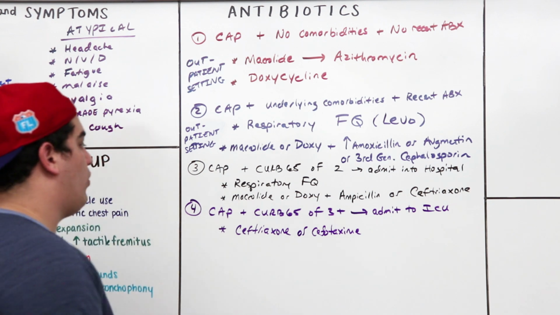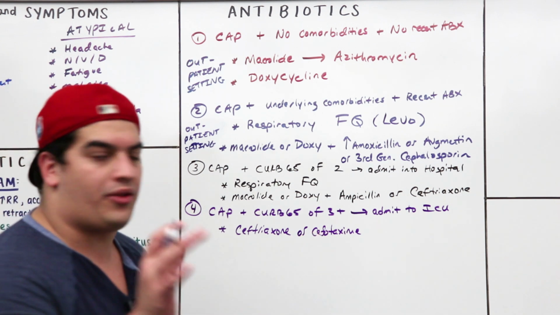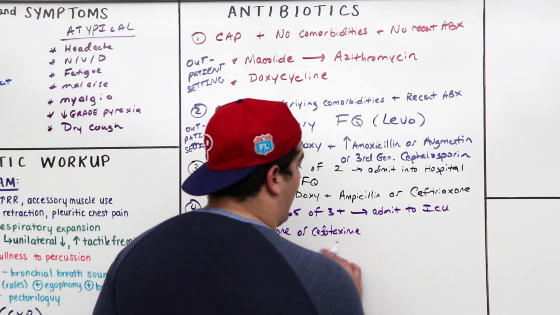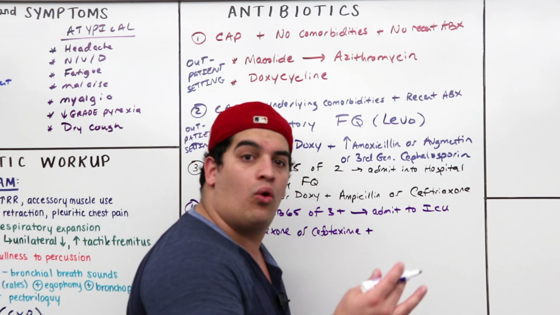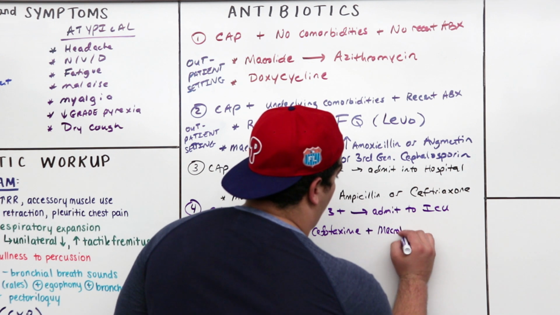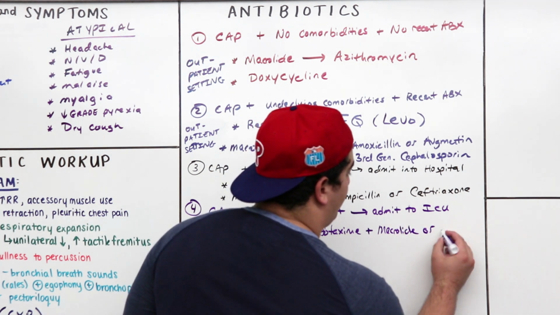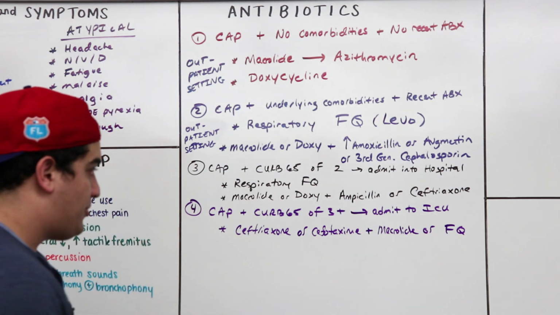And if we do it with ceftriaxone or cefotaxime, we have to combine it with 2 other options. So we can give ceftriaxone or cefotaxime, but if we do that, we have to give it with azithro or a fluoroquinolone. So azithromycin, which is a macrolide, or a fluoroquinolone, like Levo. Another option is we could do the same thing.